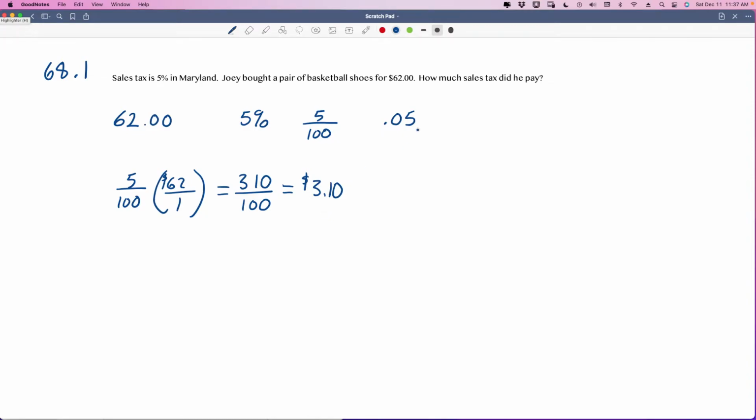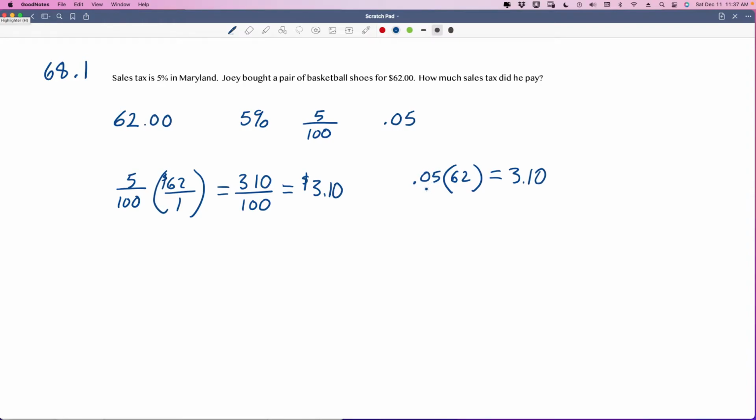Now, if we did that using the decimal, we could say 0.05 times 62 is equal to 3.10. So this way is a lot faster because the division has already been done for us. When we go from fraction to decimal, we divide.